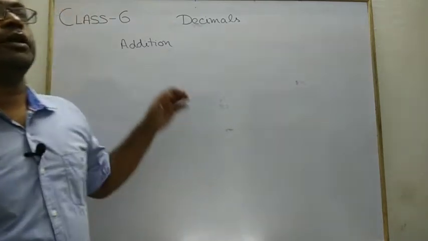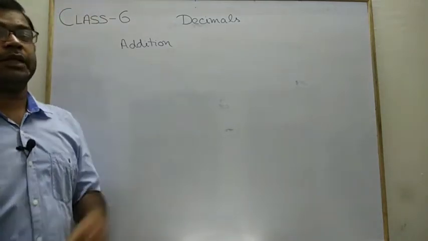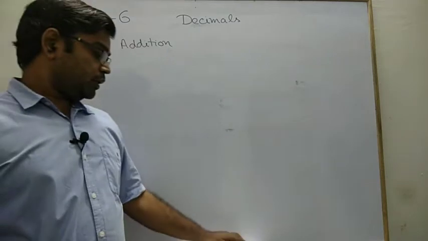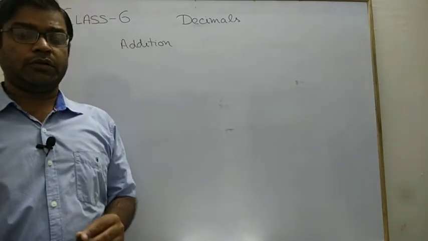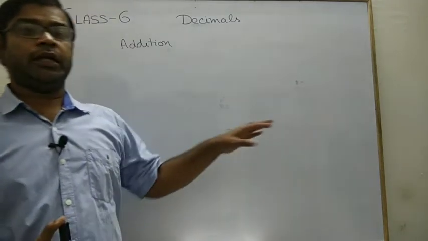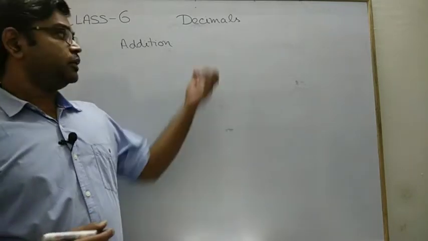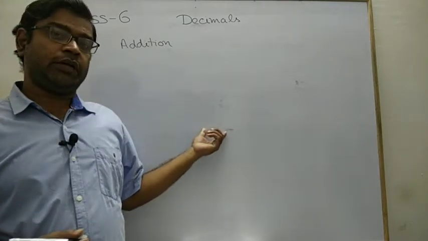Now today we are going to discuss addition and subtraction of decimal numbers. There are two methods. One, like class 1 or 2 boys, means write down one above the other and do the addition.